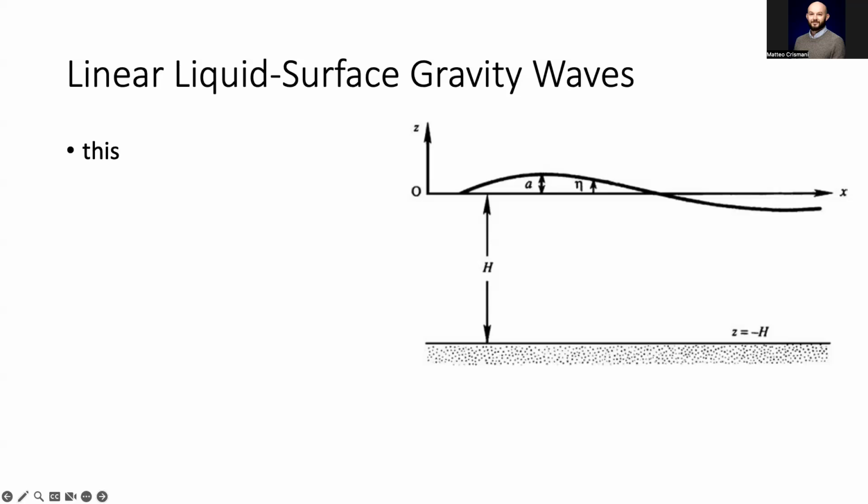That is to say, based on whatever conditions are in the fluid itself, the fluid properties, such as how high is H, how big is A, how big is lambda, do these waves maintain or do they disperse? Do they break up? Do they propagate linearly, etc.? Right? Those are the questions that we want to ask ourselves.